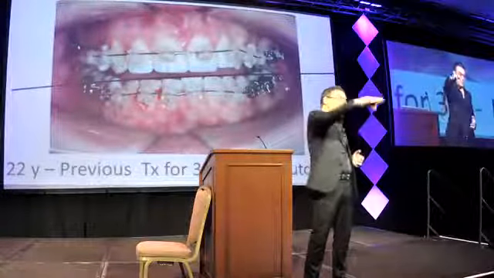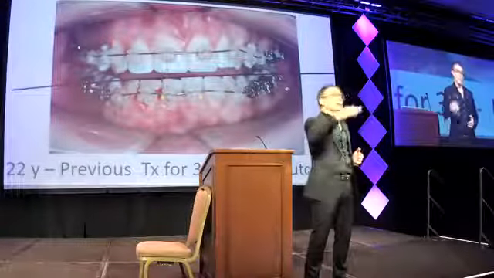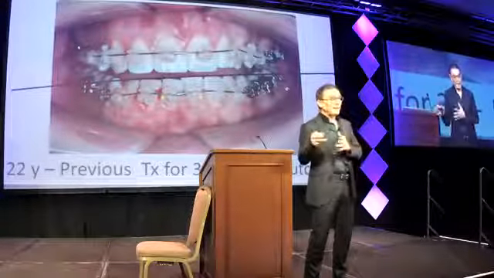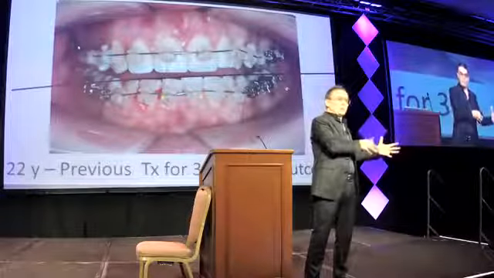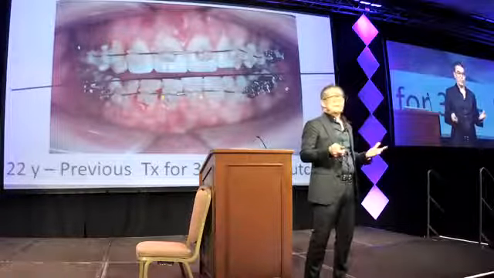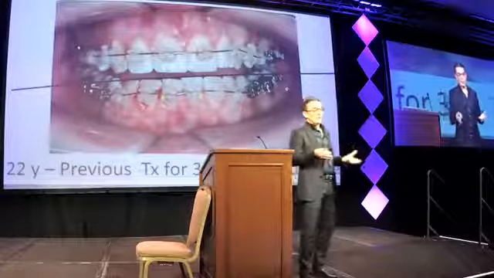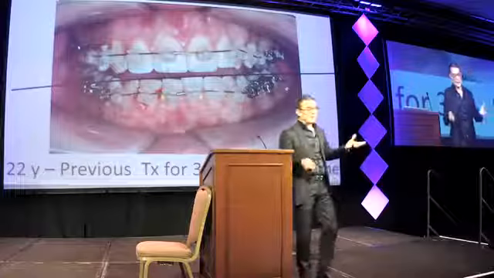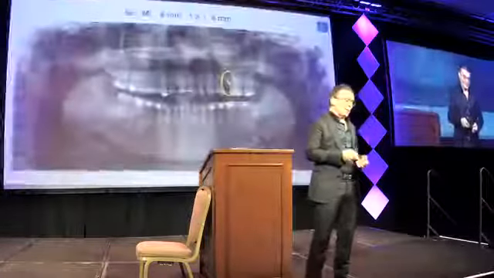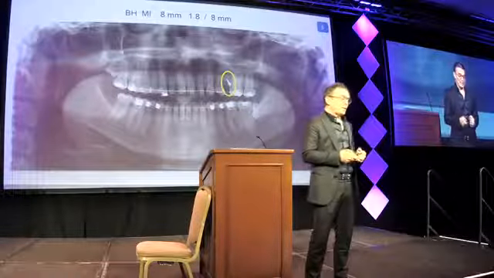We need to move our smile line occlusally on the left, and we need to intrude on the right. You follow me? We need to do the same thing in the lower. We need to extrude on the right. So it's opposite.